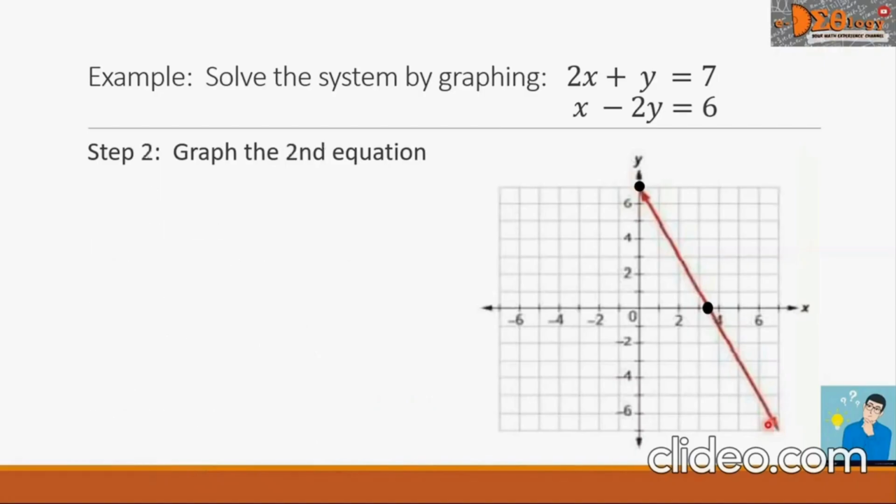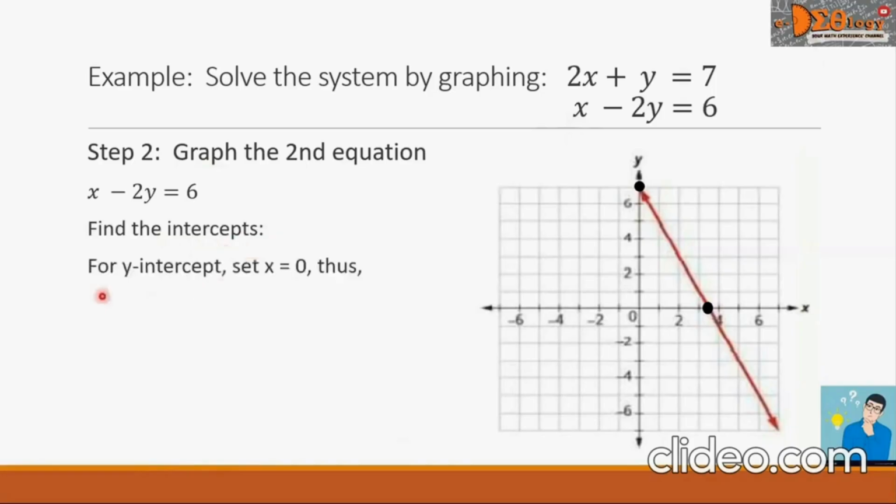Now let's go to step 2, and that is to graph the second equation. Let us copy the second equation here, and then let us find the intercepts. For the y-intercept, we set x equals 0.